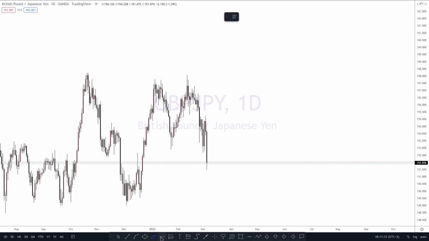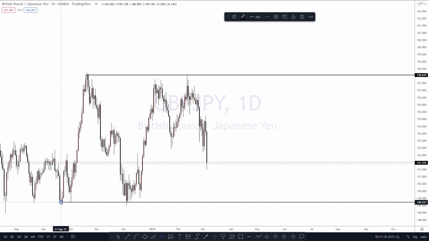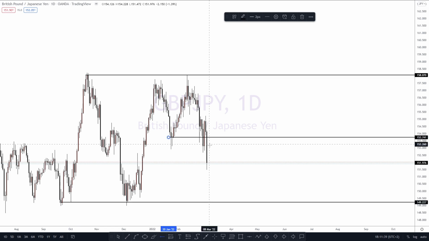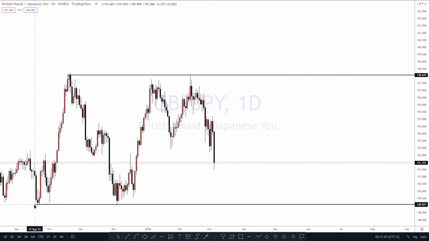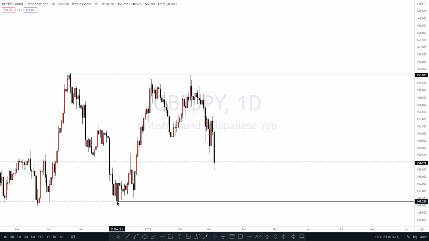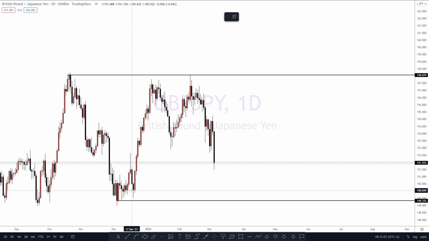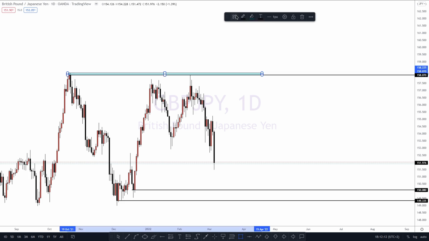In fact, say we are consolidating between these two levels, but then there was this level which the price broke, and you can see that we could be potentially just continuing to the downside up until we either get to the bottom one, which is just this one, or the one that we'll draw right now. Just making them levels again, just to see how they potentially affect the entire market structure.